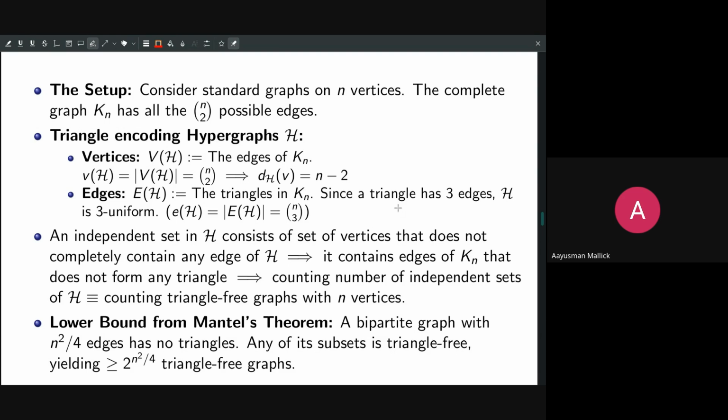For Kn, the number of edges is n choose 2. So the vertex set of the hypergraph is nothing but all the edges of Kn, and the number of vertices of this hypergraph is n choose 2.